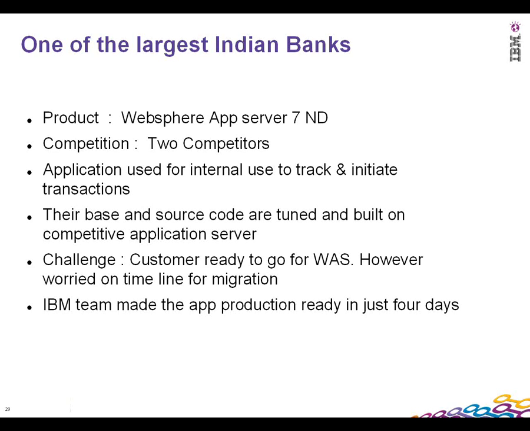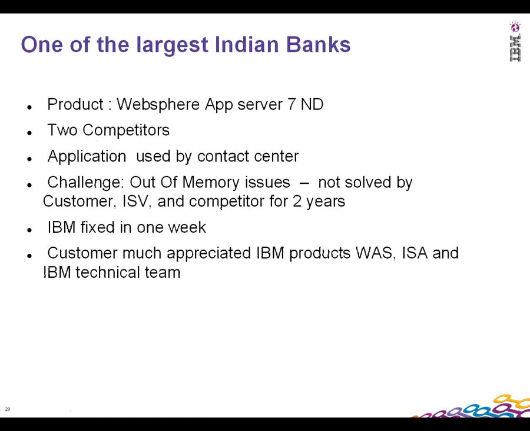So I am on slide number 13, and this is a little different. Typically we go for migration pre-production, right? The management or the technical people decide that we have to move from a competitive product to WebSphere App Server because it's proven.